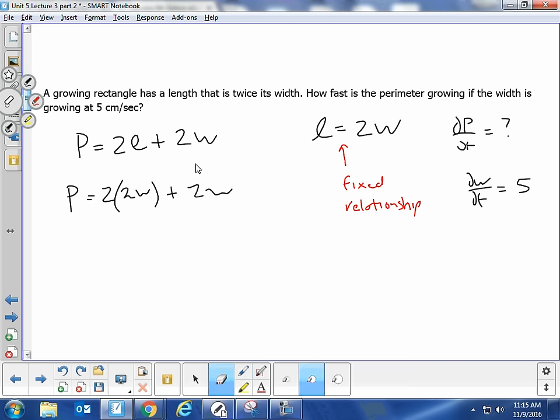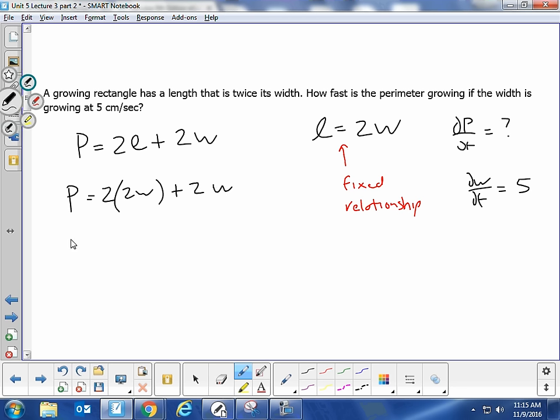Yikes, my W's and my 2's. 2W plus 2W, 4W plus 2W, it's 6W. Well, now I can easily take the derivative of this simplified formula for the perimeter of my specific rectangle.